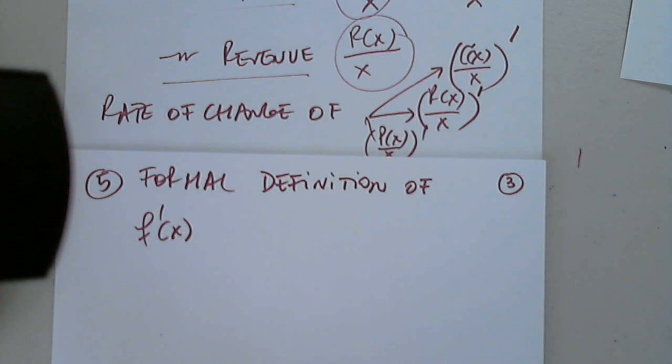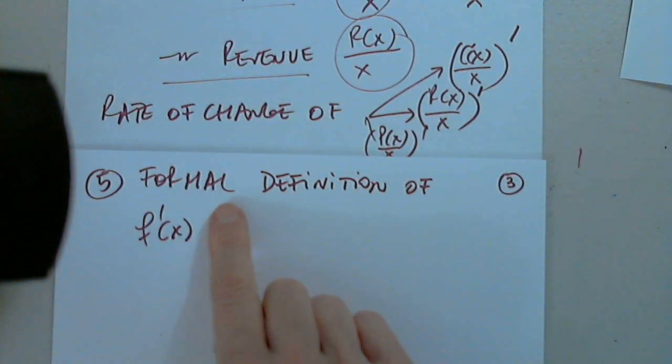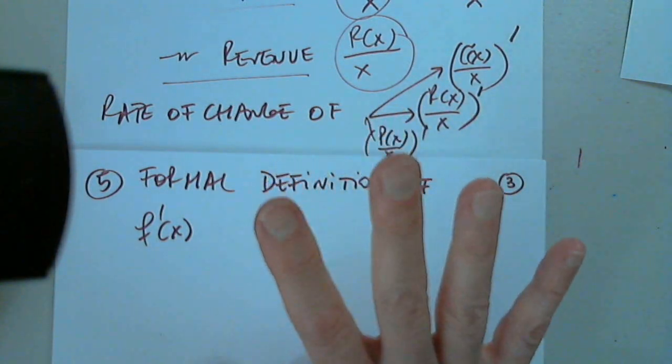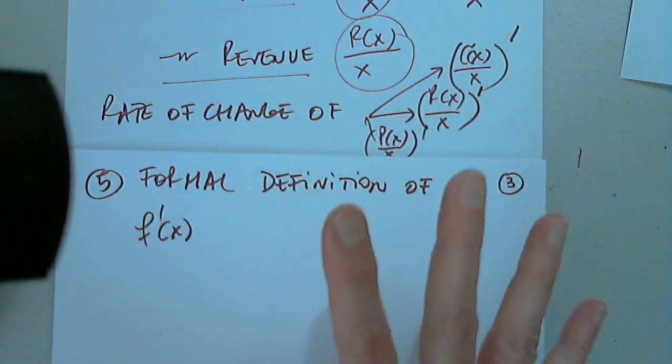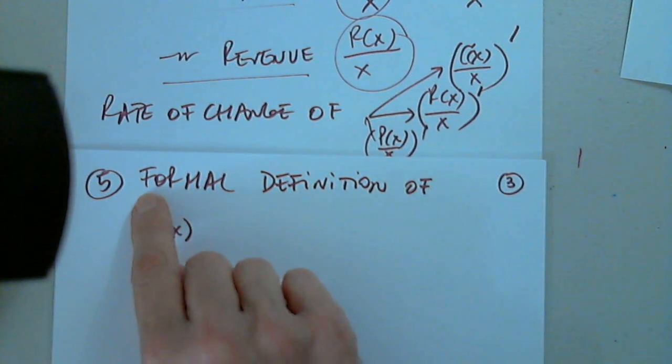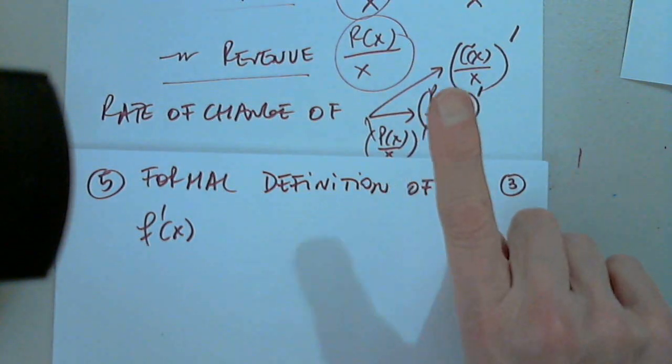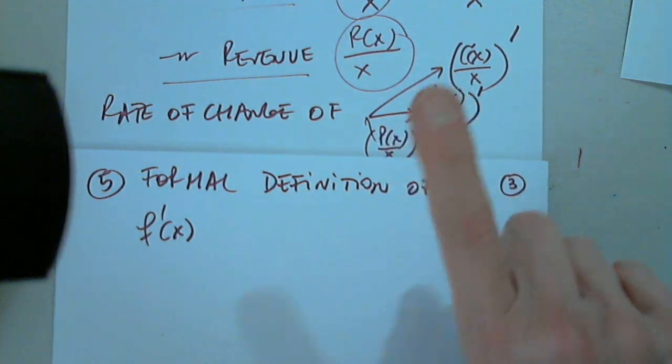Is it f prime of x times x prime? Careful. Formal definition. You're talking about the chain rule. I'm not talking about the chain rule. We'll get to that in a moment. You're ahead of me, so that's always good. There is only one formal definition. It's complicated.